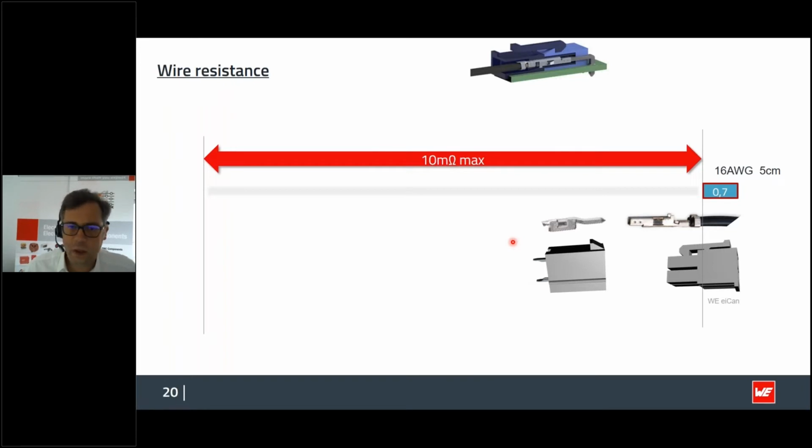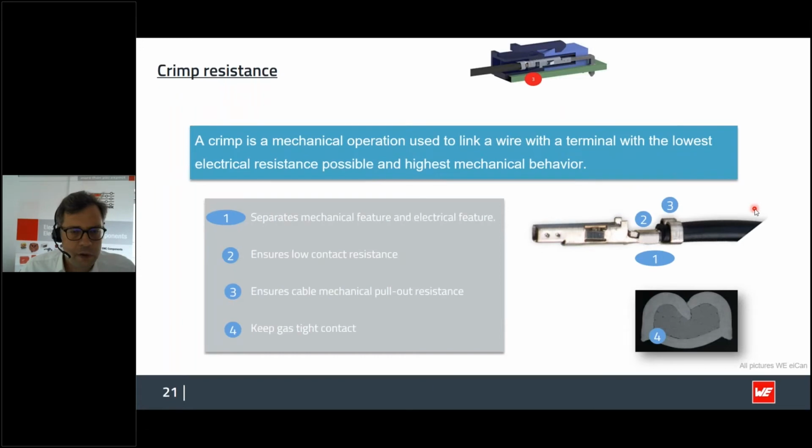So the first resistance that we have is around 0.7 milliohms, or 700 microohms. Up next, we've got the crimp connection. A crimp connection is a gas-tight interconnection of the cable with the crimp contact itself.